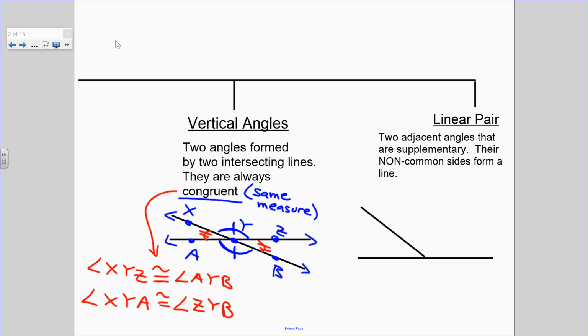All right, last one. Linear pair are two adjacent angles that are supplementary. That means they add up to be 180. Their non-common sides form a line. So let's call this angle, I'm going to put some arrows here. Let's fix this picture up here.